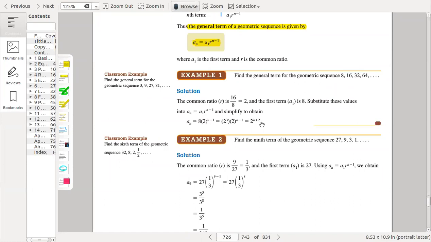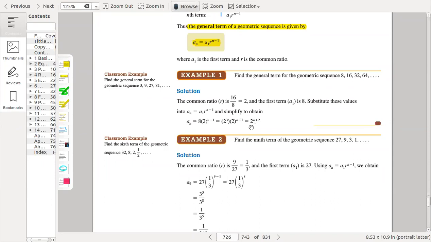Now if we want to find the first term by this formula, a_n is equal to 2 power n plus 2, just put n equal to 1, and you will get 2 power 3, which is 8. For the second term, put n equal to 2.